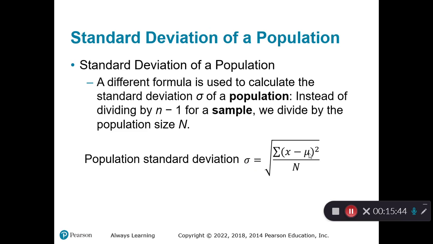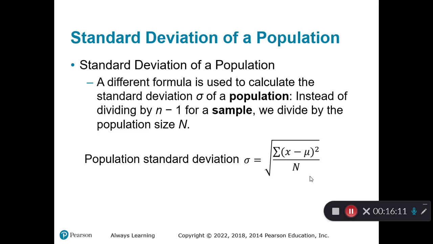So mu is a population parameter label, sigma is a population parameter label, and then this capital N, which designates the population size, that is also a population parameter label. So sigma instead of S, mu instead of X bar, capital N instead of lowercase n, these are all values that come from an entire population versus a sample.